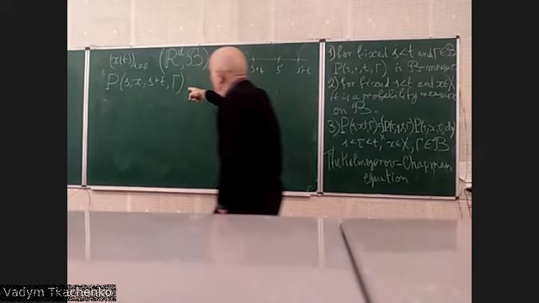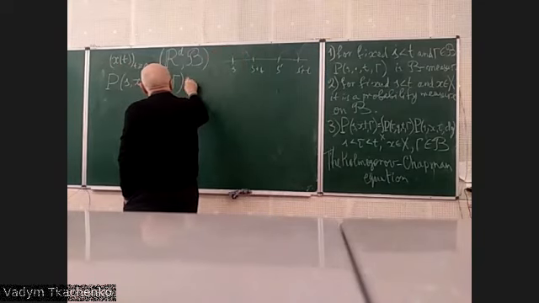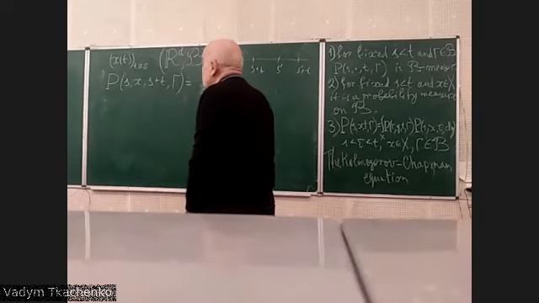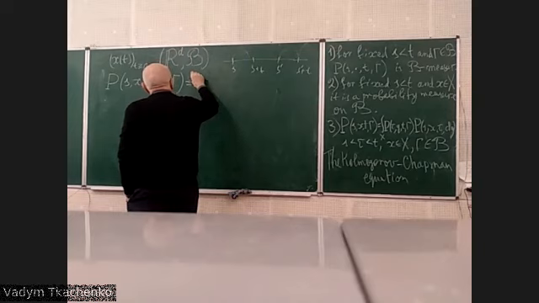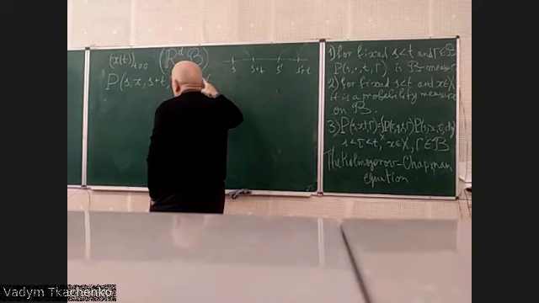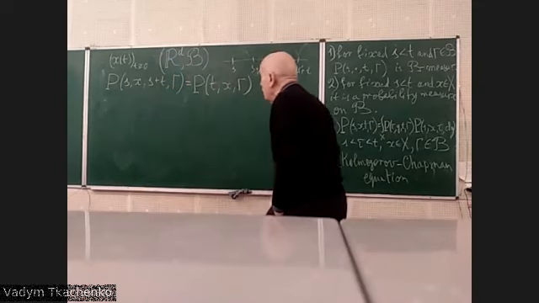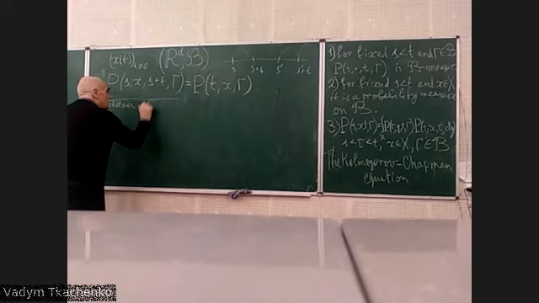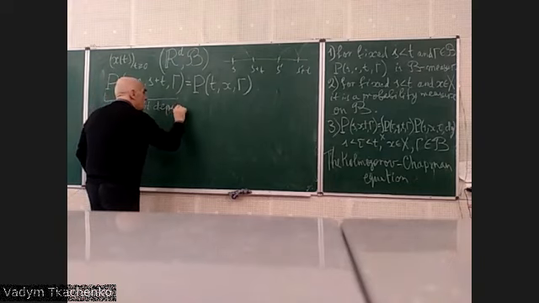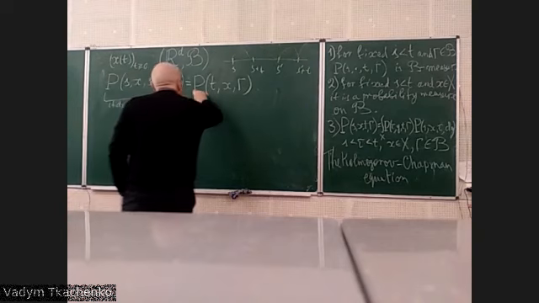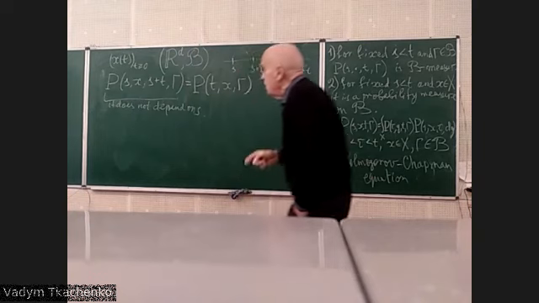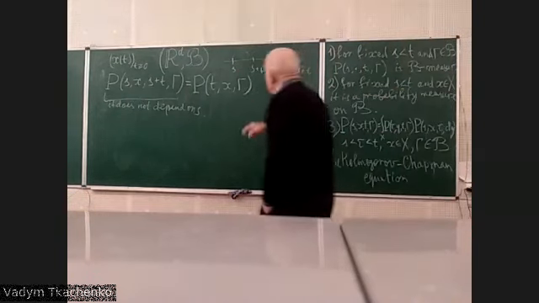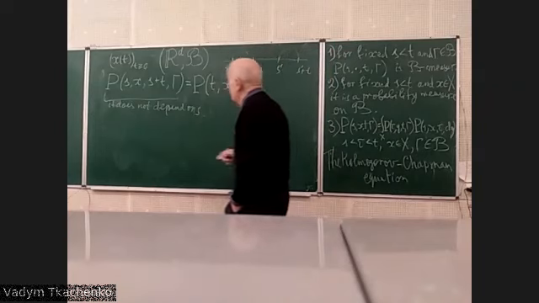If it does not depend on s, then this is in reality a function of 3 arguments, and I denote it by P(t, x, Γ). We will call such a process homogeneous in time. Okay?